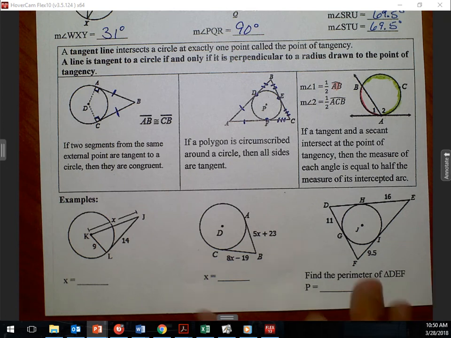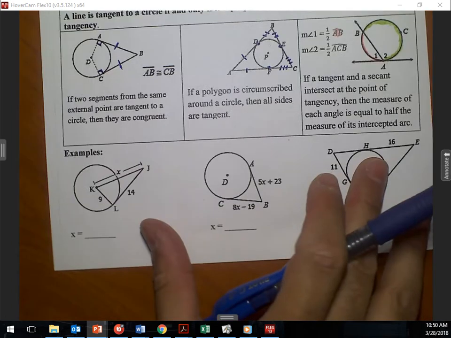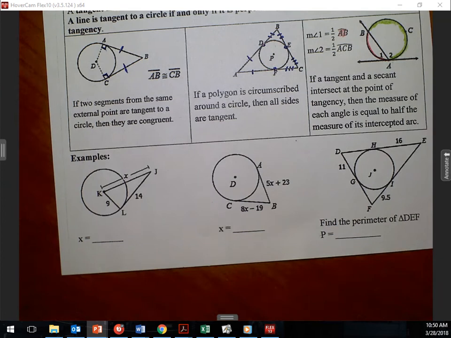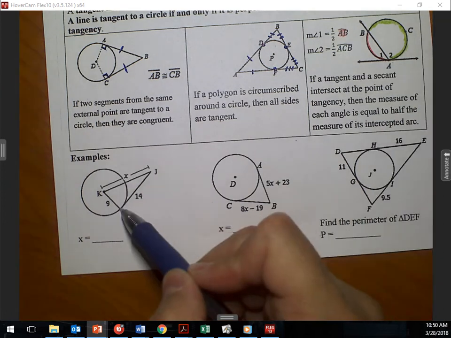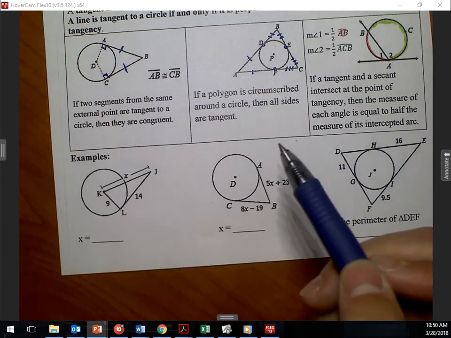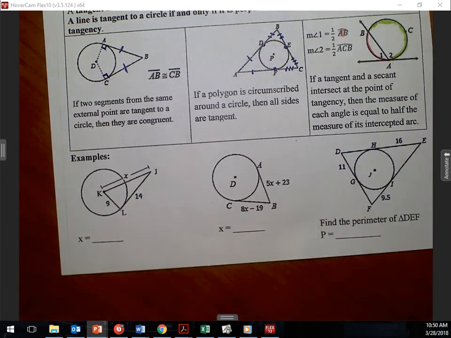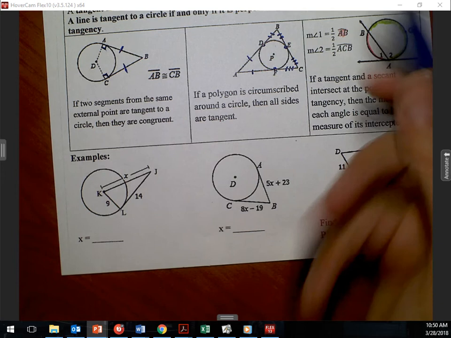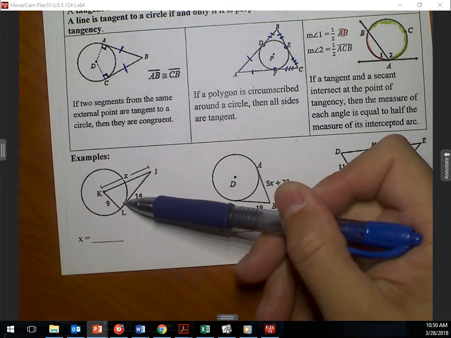Now, I'm going to go through and apply this just using the same stuff that we have. Now, what is this angle right here? If this is a tangent line, what is that angle? Say it. 90. Very good.